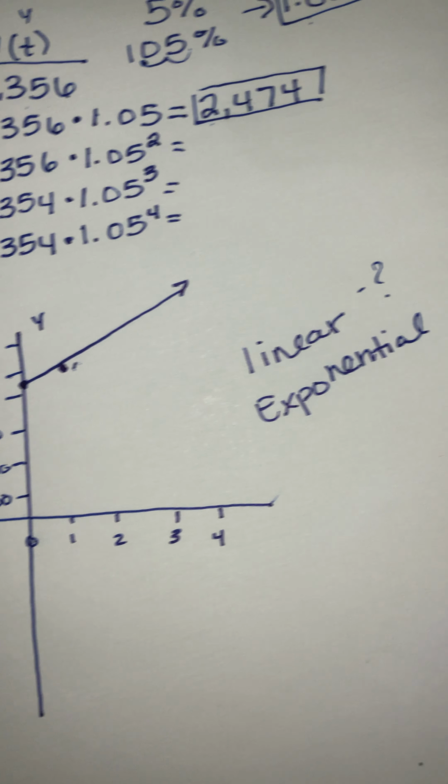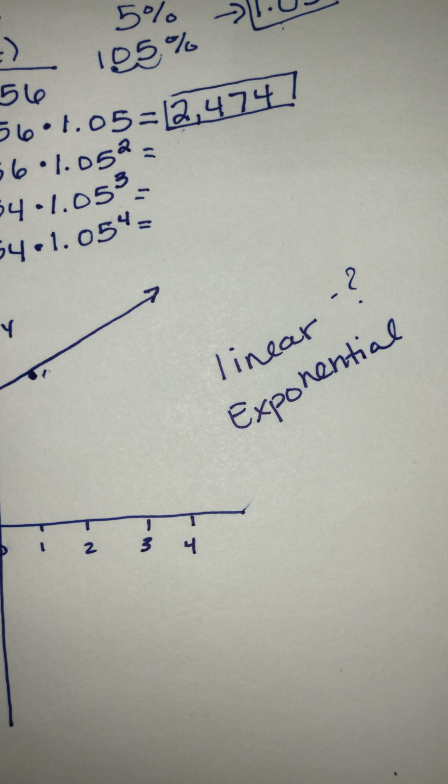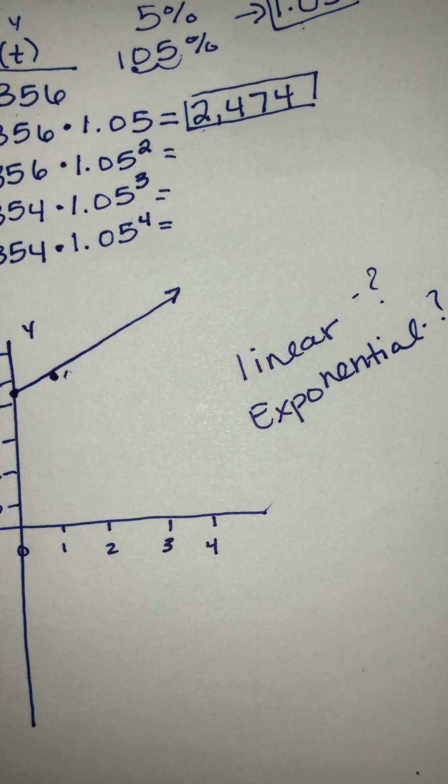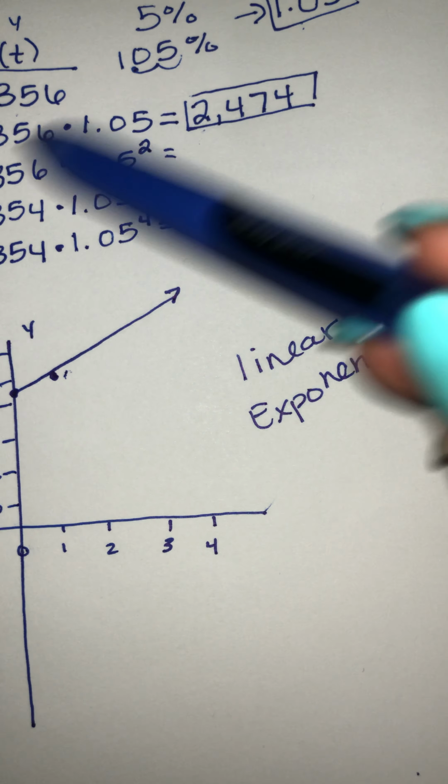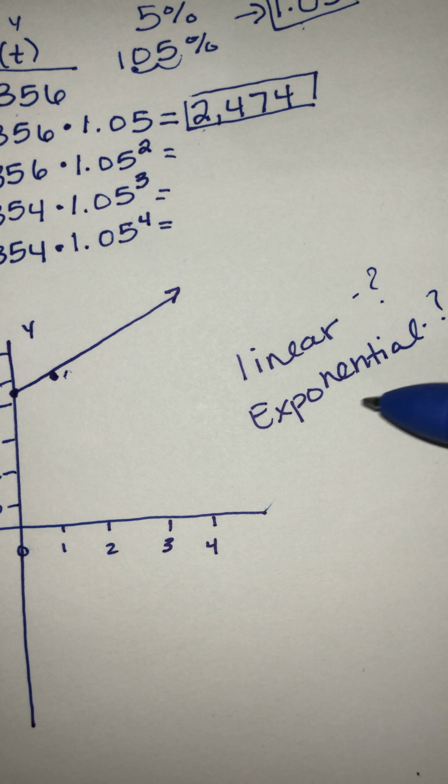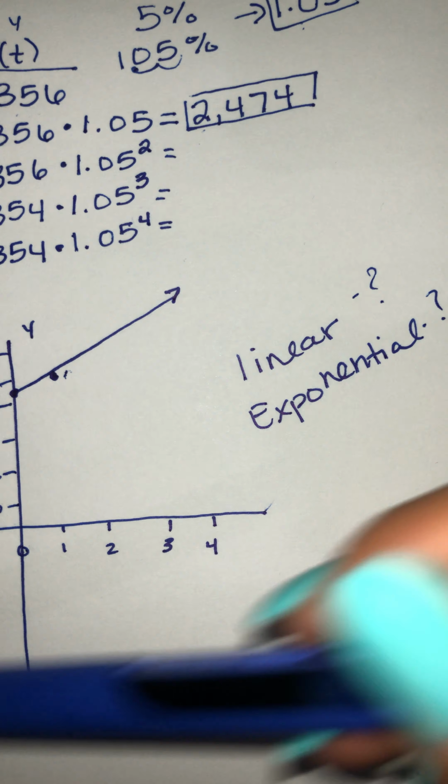Also, if you think it's exponential, why? What is the difference between a linear and exponential graph and equation? What do we see in the difference? That's our question to ask ourselves. Now that we see our information here in our practice, what kind of growth are we going to see? Is it going to be linear growth or exponential growth?